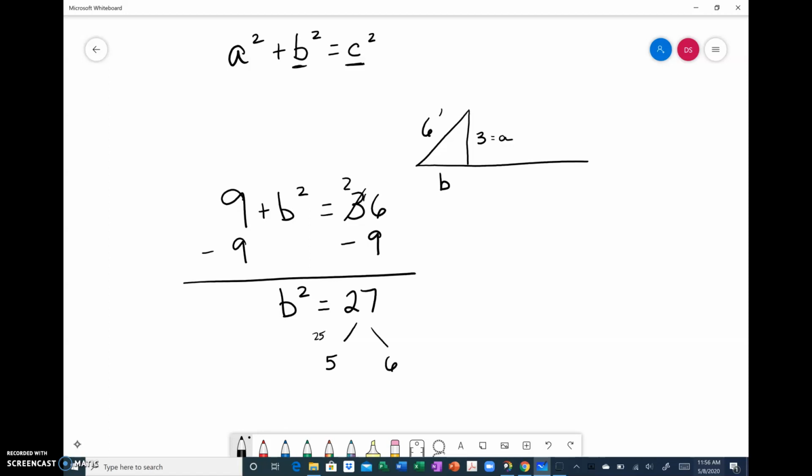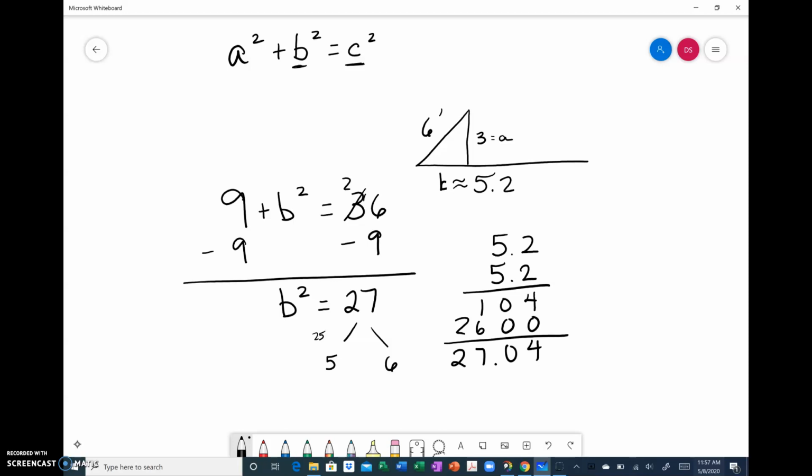So again, I'm going to guess, I'm going to start my approximation at 5.2 because that's been good for me. All right, so I get this, and then I get this. And that brings me only 4 hundredths above 27. And so I would say that B would be approximately, whoops, I keep on putting an equal sign when we're just rounding. 5.2 would be the answer to that one.